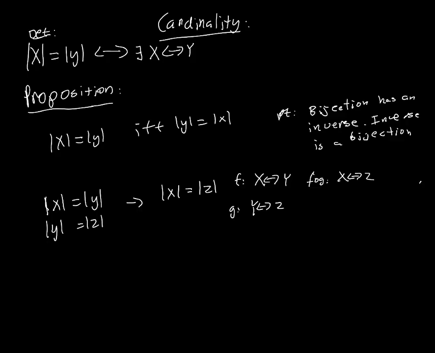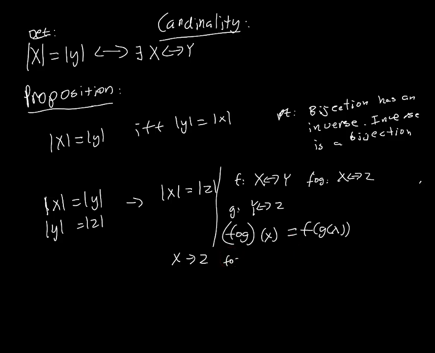You can consider f of g, and you use the properties that it's injective and surjective, and you can get to it. For example, I'll just start off the proof and maybe you can finish it from there. f of g is a map from the set X to the set Z. So what does f of g of x do? Well, it's f of g of x, right?